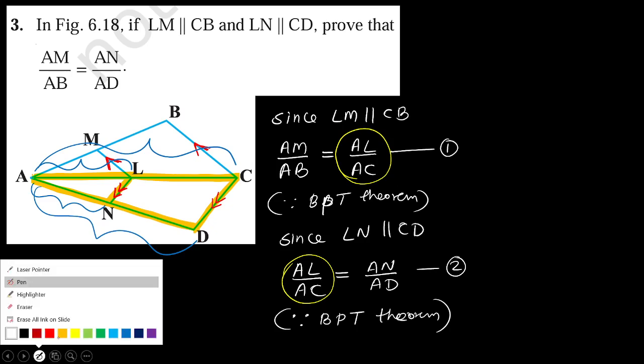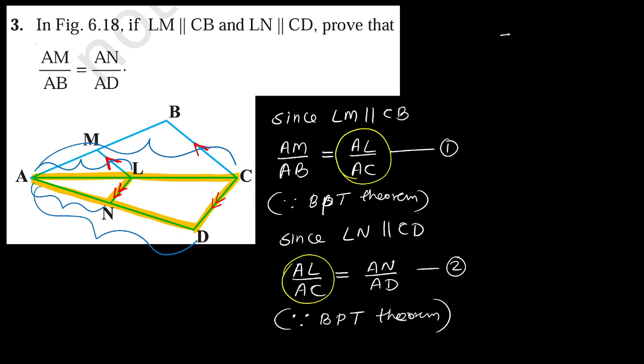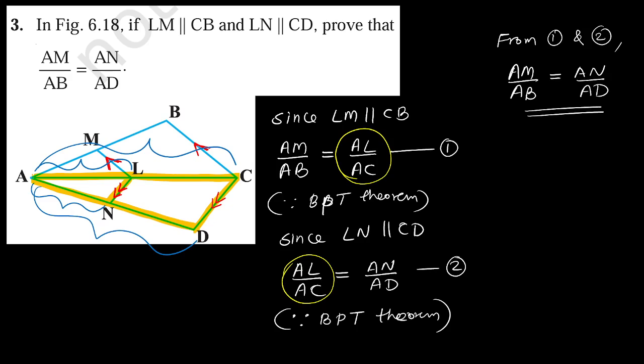So the next step will be from 1 and 2: AL by AC equal to AM by AB, and AL by AC also equal to AN by AD. Both are AL by AC. So AM by AB equals AN by AD. This is what we need to prove.